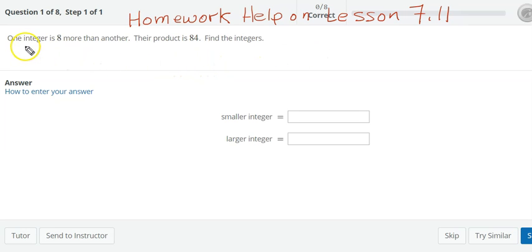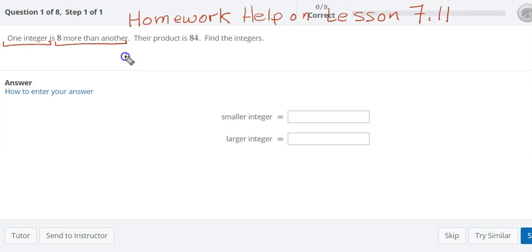So for this first one, I would suggest you pause right now. After you read the question, you want to come up with an equation, and then we'll go through the protocol of solving it. So one integer is 8 more than another.